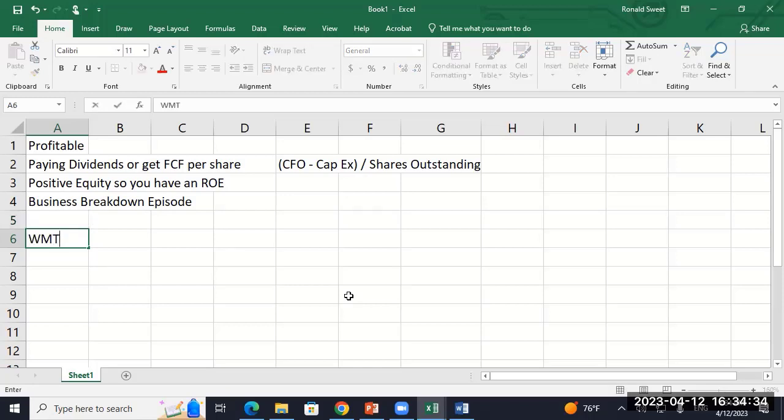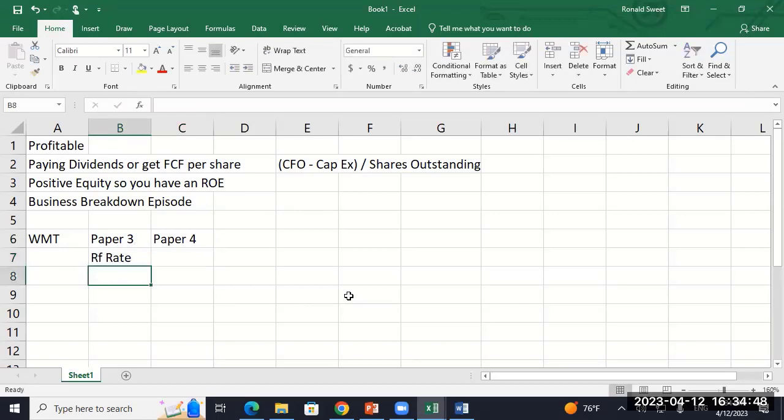So I'll do Walmart, as boring as that is. So if we can do Walmart, we have paper 3. We have paper 4. For paper 3, we only need 3 numbers. We need a risk-free rate, a market risk premium, and we need beta.